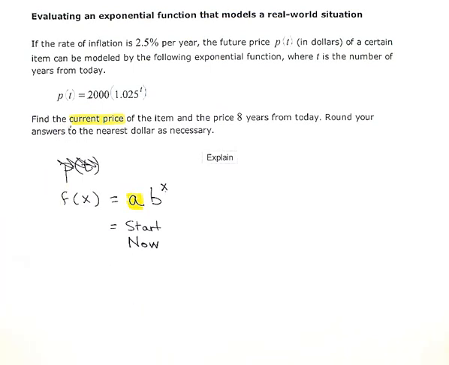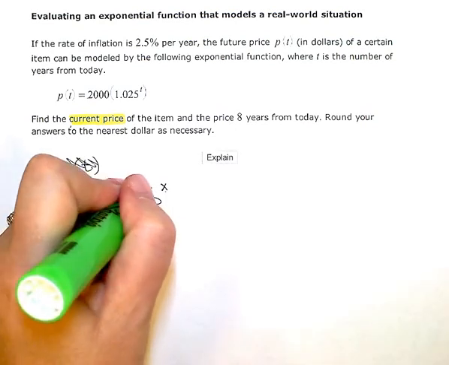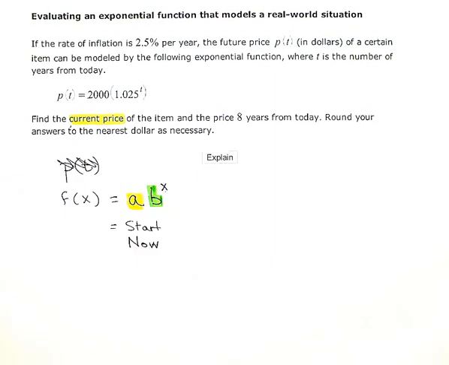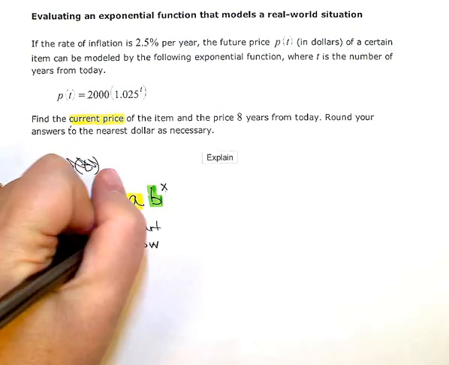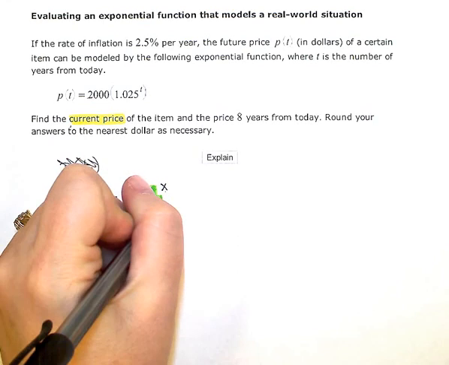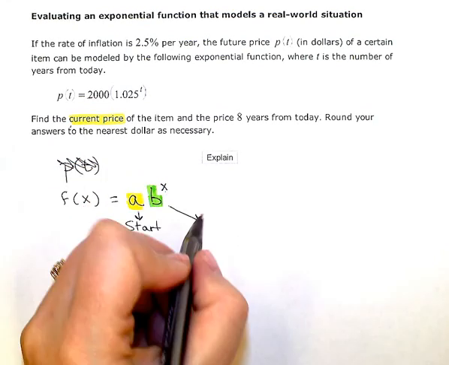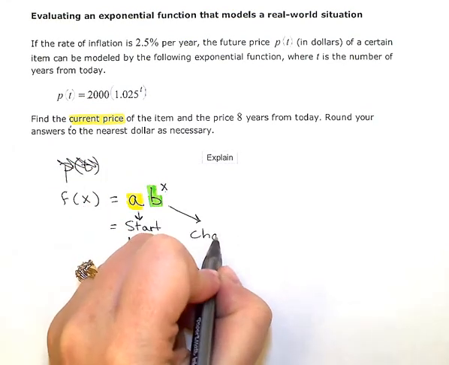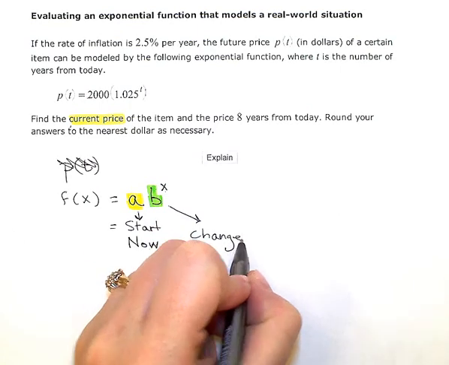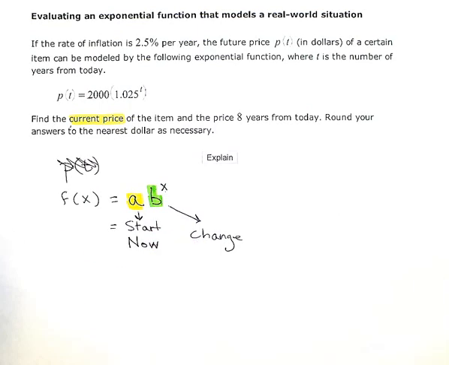And then the b, or the second number, is the number that represents the change. How much are we changing, okay?